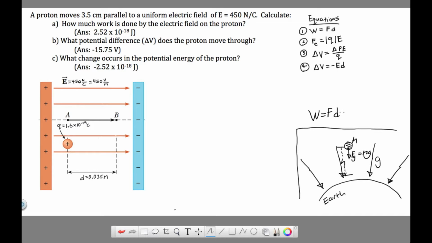So we're just going to change this d to an h, so F times h, where h is the distance. And if we're looking for the work done by the gravitational field, then that's the force of the gravitational field, and we know that is equal to mg. So this becomes mgh, which should look familiar.